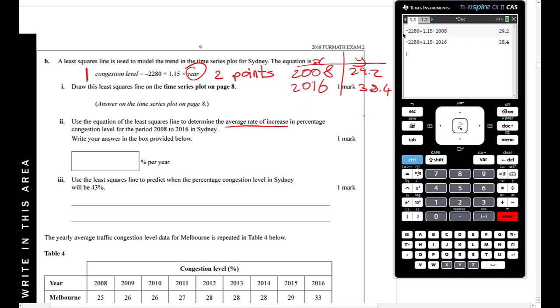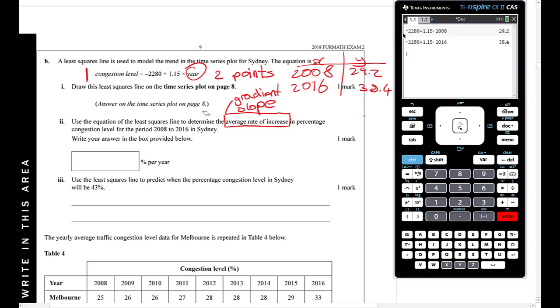They didn't make the connection that when we look for the average rate of increase, we're looking for the gradient, otherwise known as the slope. Those are the two key points you need to be conscious of. Average rate of increase is basically the slope.